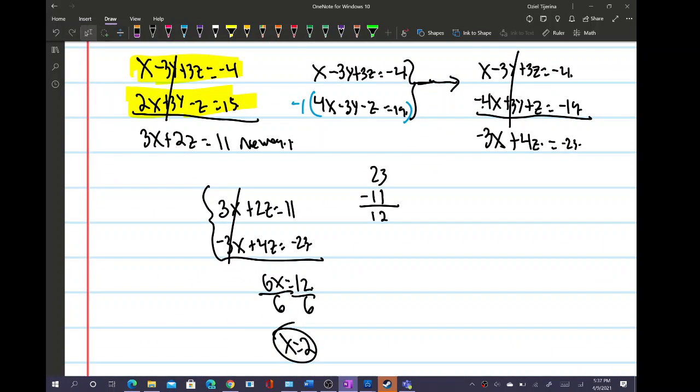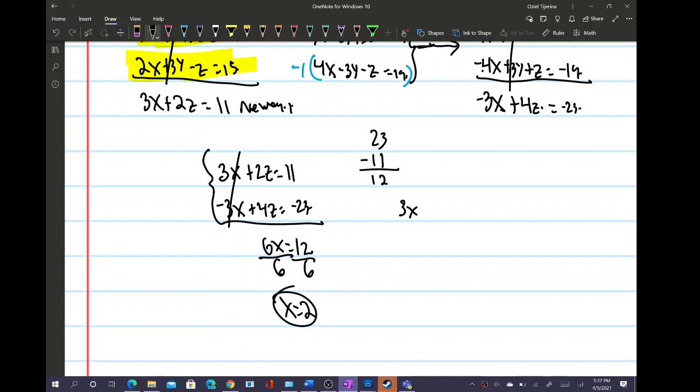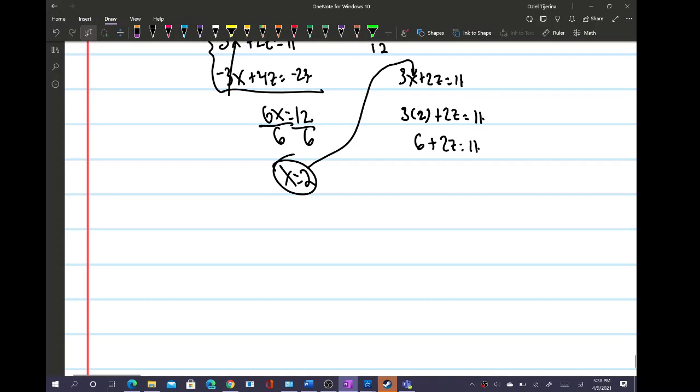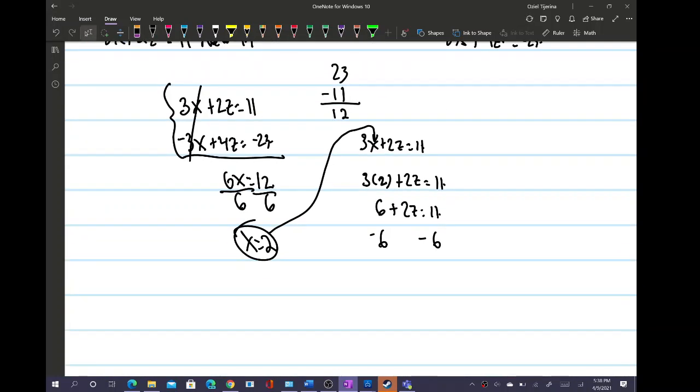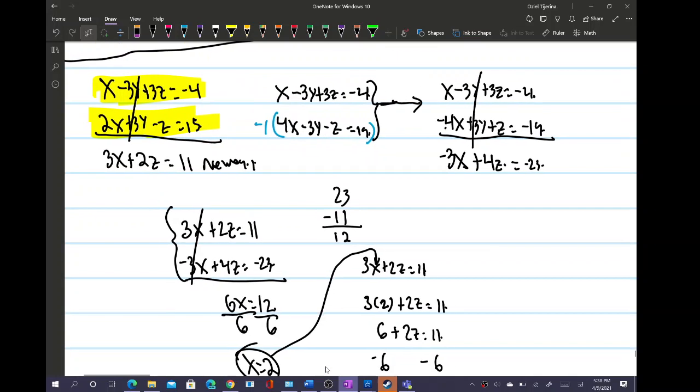Now you can grab this equation, 3x plus 2z equals 11, and plug this in. 3 times 2 plus 2z equals 11. So you have 6 plus 2z equals 11, or actually, hold on, guys.